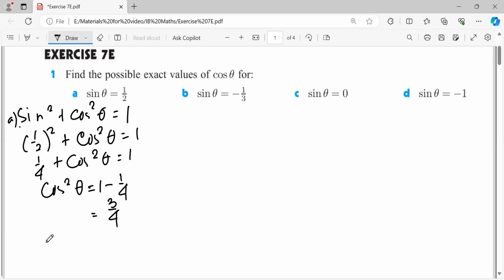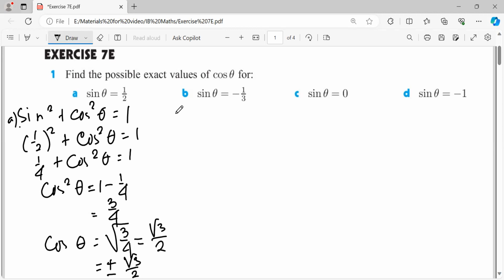So it means cosine theta equals square root 3/4, or square root 3 over 2. The values of a square root, of course, are negative and positive: plus or minus square root 3 over 2.